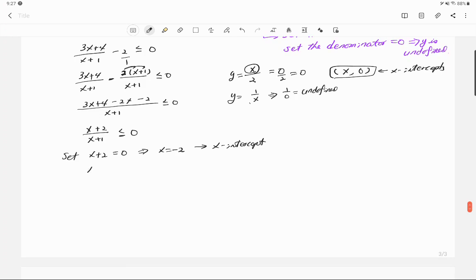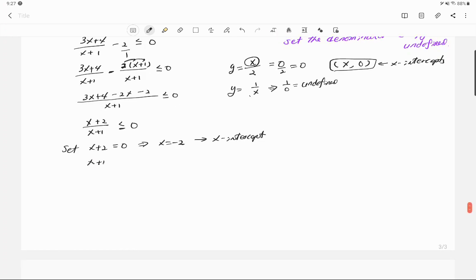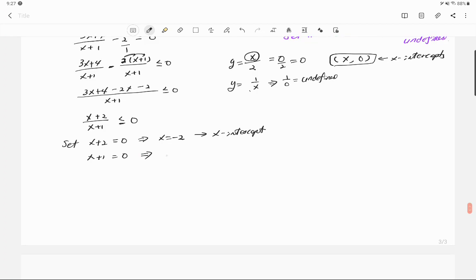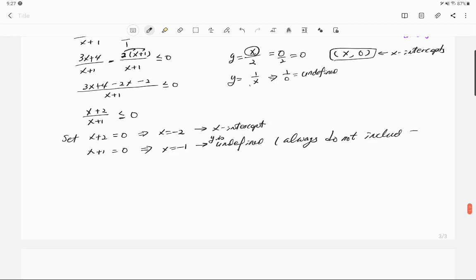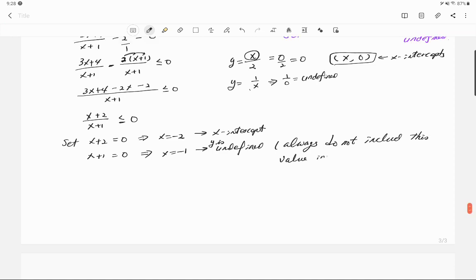And also set the denominator to 0. The denominator is this one, right? So set the denominator equal to 0, then x equals -1. That means this is undefined. Y is undefined. No matter whether there's an equal sign, we do not include this value in the solution.